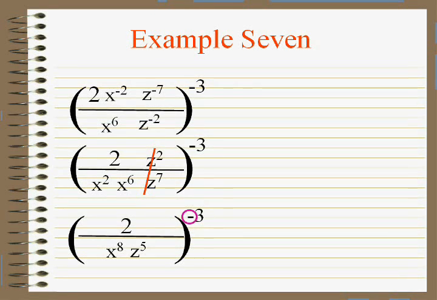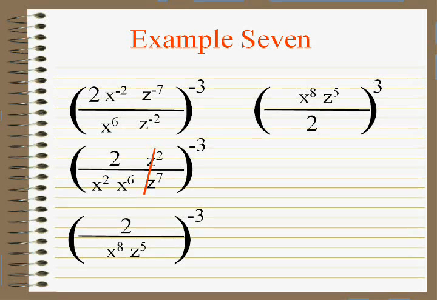Let's do the negative 3 a little bit at a time. Now note that that negative has power over the whole problem, doesn't it? Look at the size of those parentheses. So I'm going to flip the whole problem. That's what the negative says to do. Just flip everybody, and then we'll raise them to the third power.